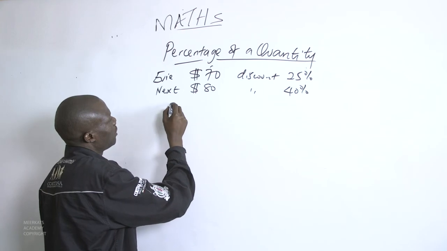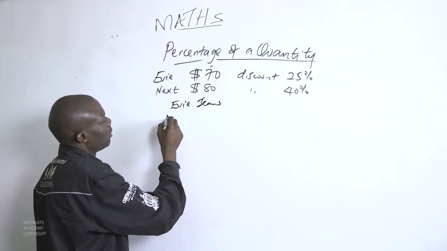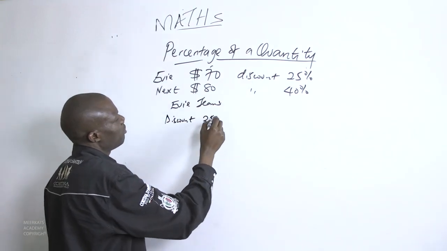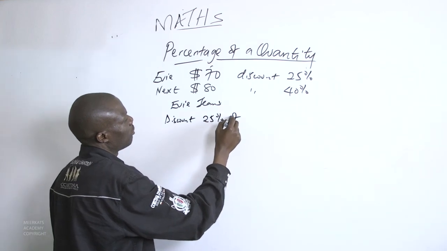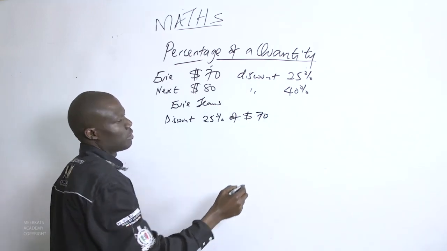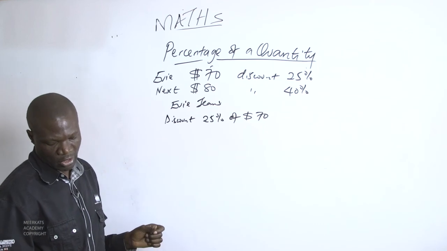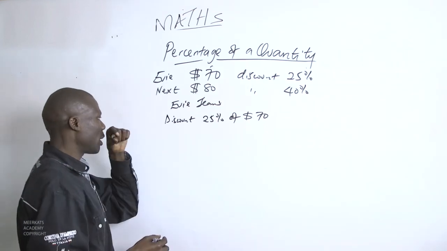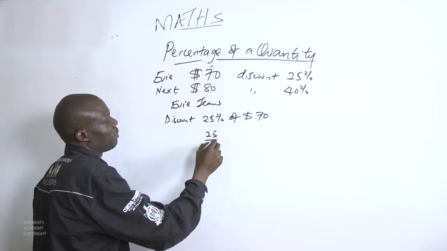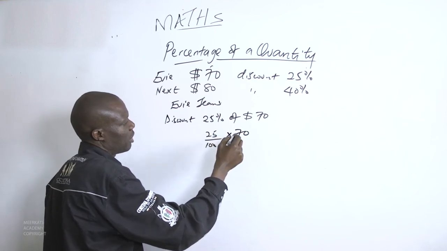So for AV jeans, the discount given is 25% of $70. You realize this one, when you simplify it, it is the same as saying 25 over 100, with of replaced by multiplied by 70.